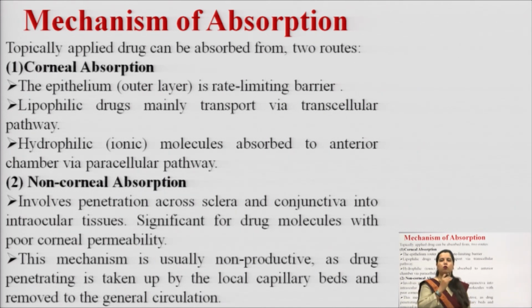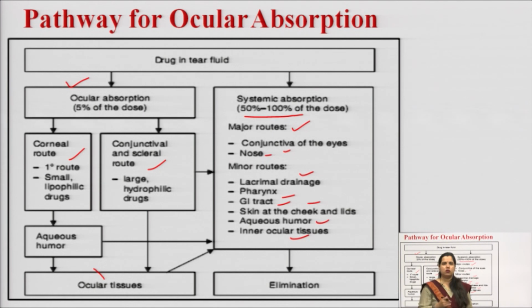The second mechanism is less favorable, as most of the drug gets into the systemic circulation. As I have told you, in ocular administration we want our drug to be retained within the eye for a prolonged time, so that it can give better effects at the particular site.